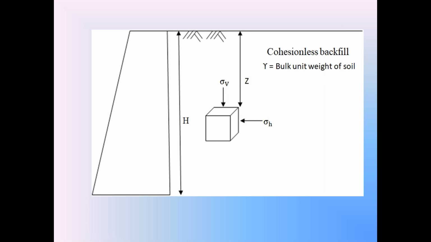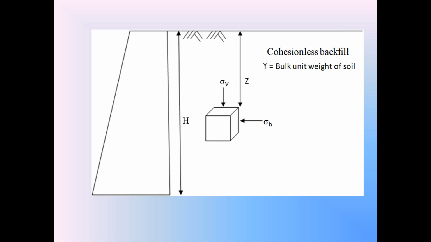In the diagram, sigma V is the vertical principal stress and sigma H is the horizontal principal stress. We know that the vertical stress sigma V is equal to gamma into Z.